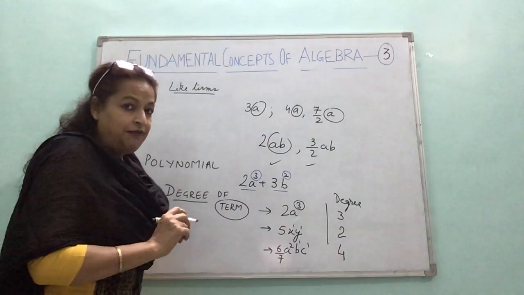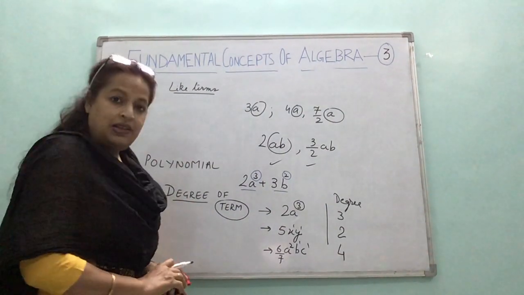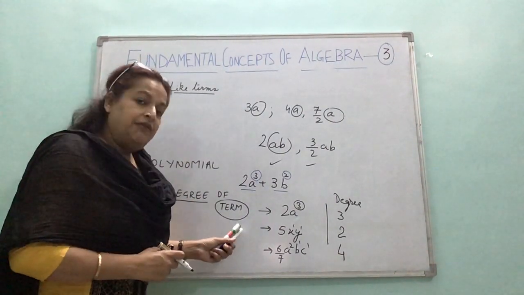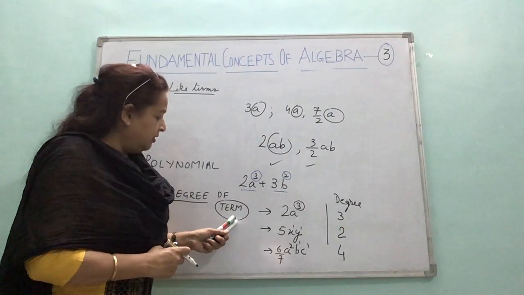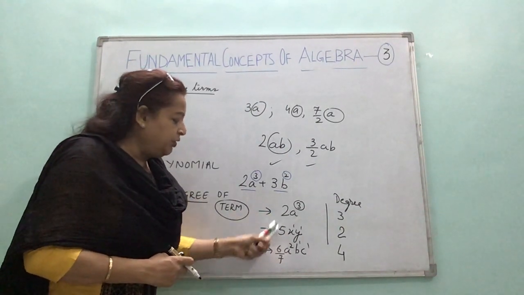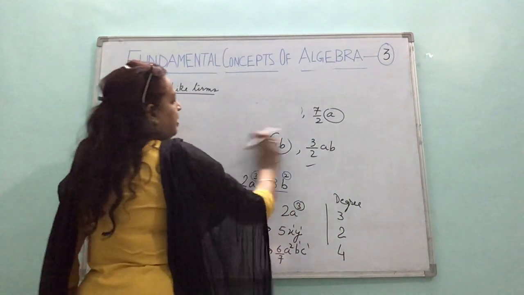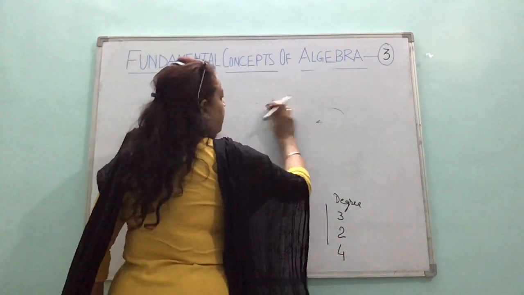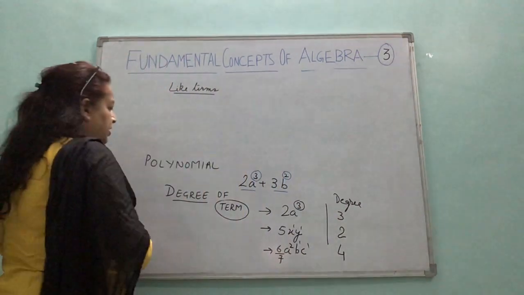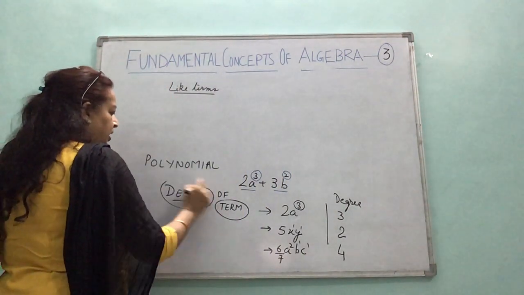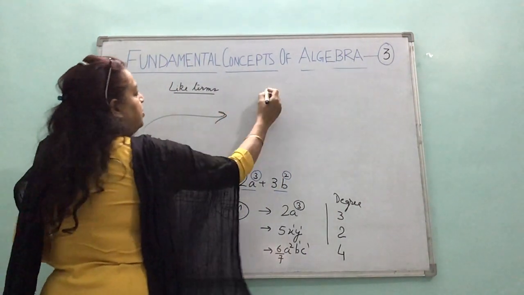Now if it is the expression, the polynomial, we can find the degree of a polynomial which has more than one term.